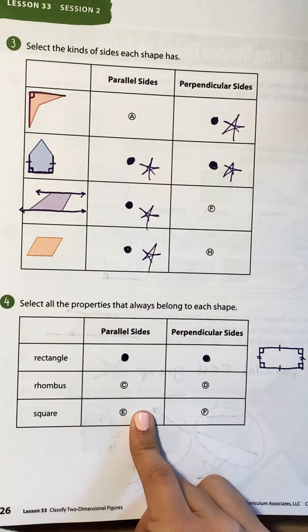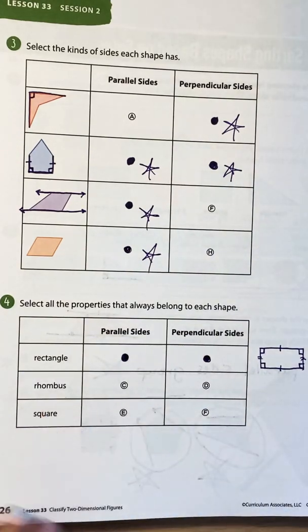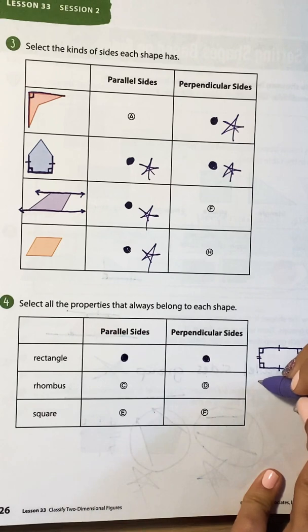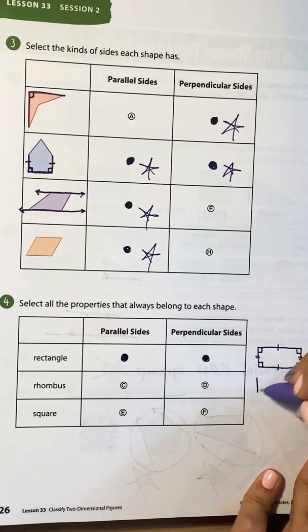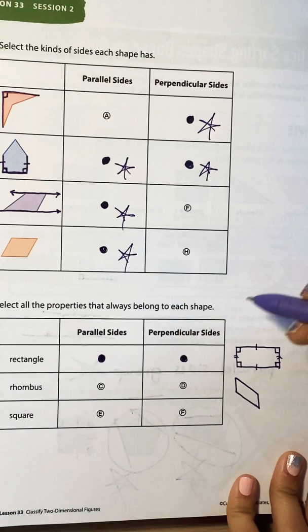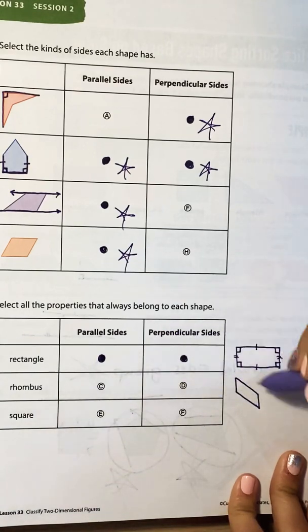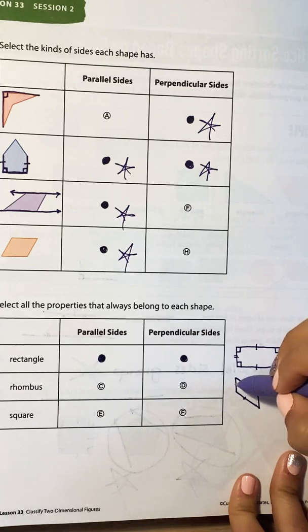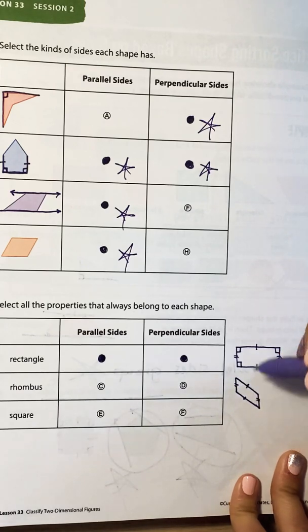Okay, a rhombus. I'm not the best at drawing rhombuses. But that's not half bad. Okay, so parallel sides, yes, this top is parallel to the bottom, and the left side is parallel to the right side.